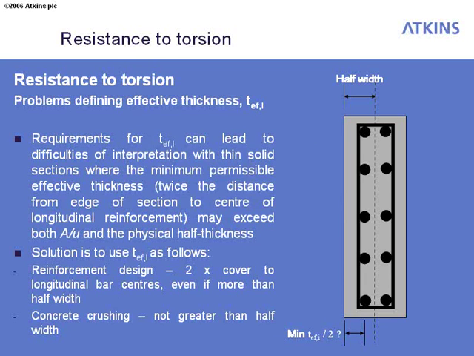The Eurocode doesn't tell you what to do, because it hasn't envisaged that this is going to happen. What I recommend is that we change the assumption for T effective depending on which check you're doing.